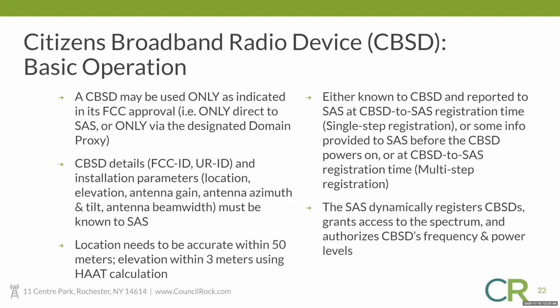That information can be relayed to the SAS in a single step or multiple steps. However, the SAS will not send a grant to transmit to the CBSD until all of those parameters are successfully conveyed to the SAS. Before that, the CBSD device will not be able to transmit at any higher power.